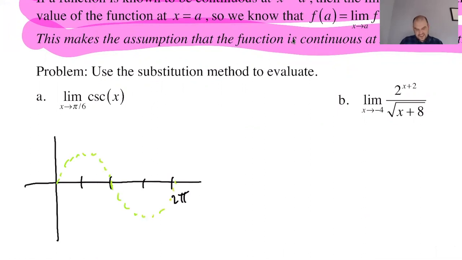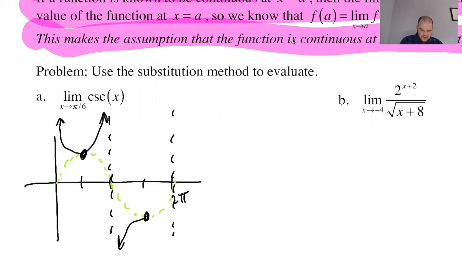All right, so cosecant, the reciprocal of that, is going to have a vertical asymptote here, and a vertical asymptote here. And then the function will hit it here and here, and we go up. I should have done this in a different color too, but I didn't. So we would have problems at 0, at pi, basically multiples of pi. Pi over 6 is not an integer multiple of pi.